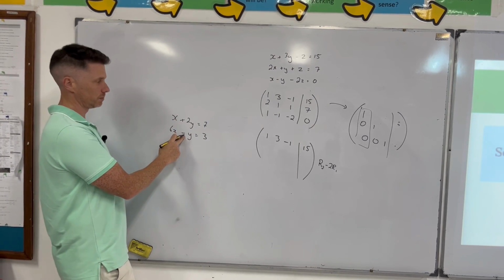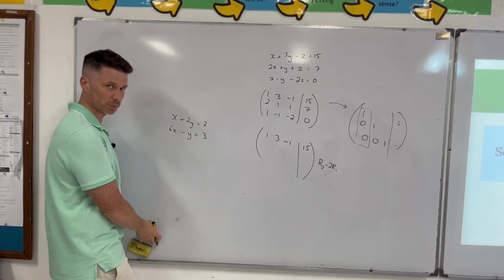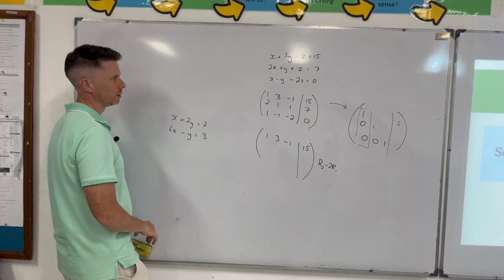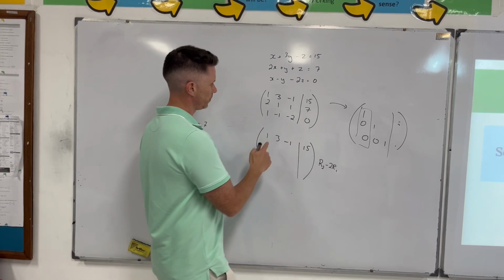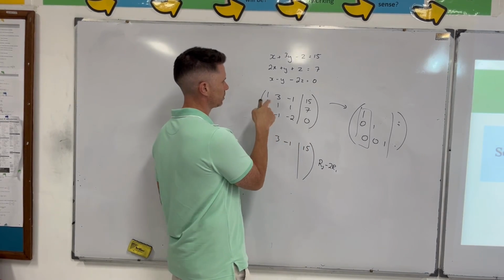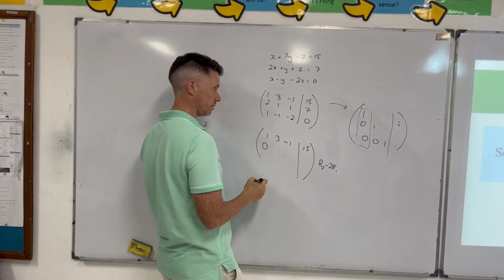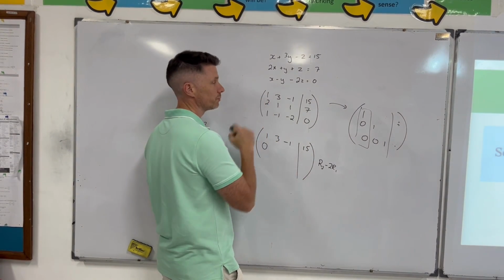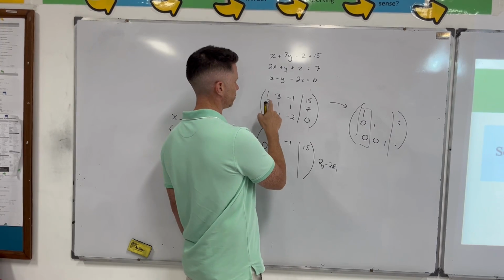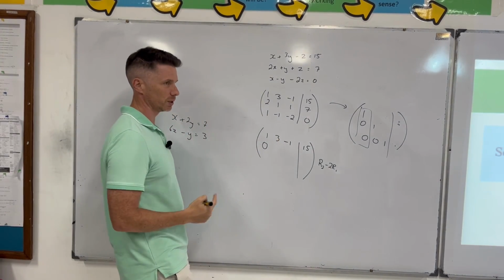If I double this, make this 2, the y's are going to disappear. Same thing here. So what I'm going to do is row 2, take away row 1, but I'm just going to deal with the coefficients. So row 2, take away this is 0. This is what I wanted. But it has to be twice row 1. Otherwise, it'll just be 2 take away 1, which will give 1, which I don't want. I need a 0.